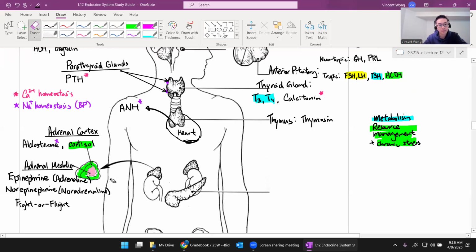Okay, almost there. Next, we have this guy right here. What is this? This is the pancreas. And the alpha cells, alpha islet cells, are going to produce glucagon.